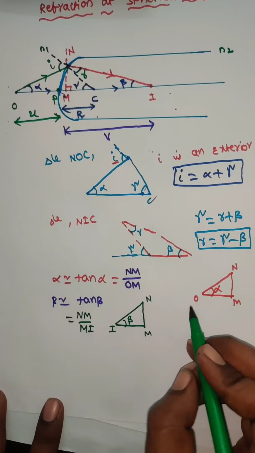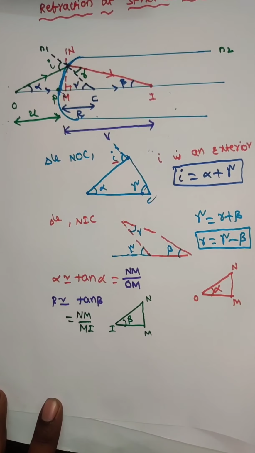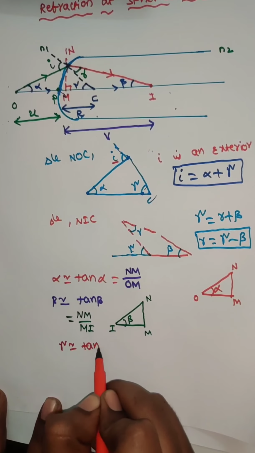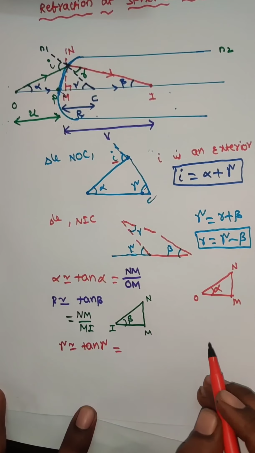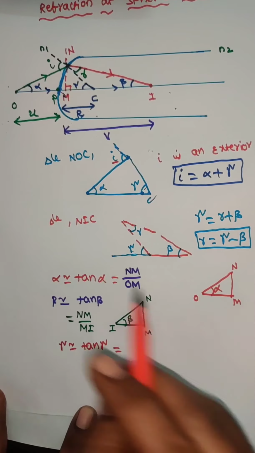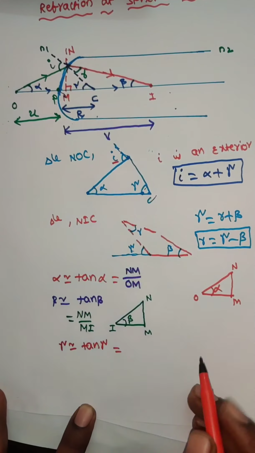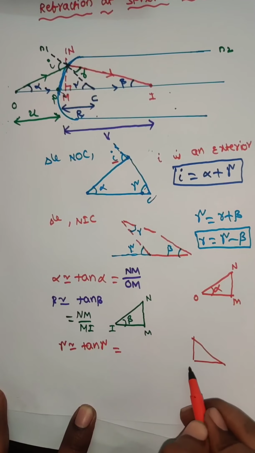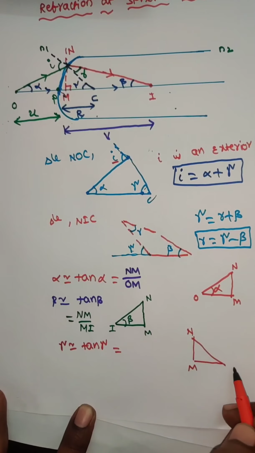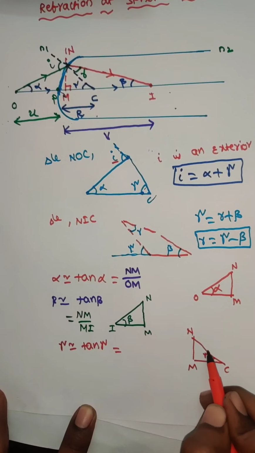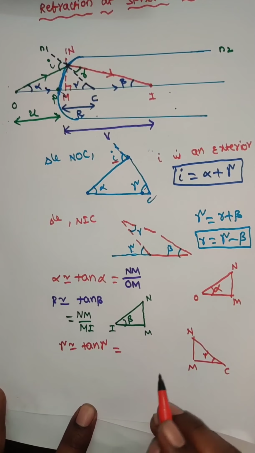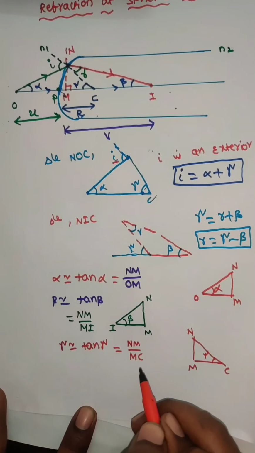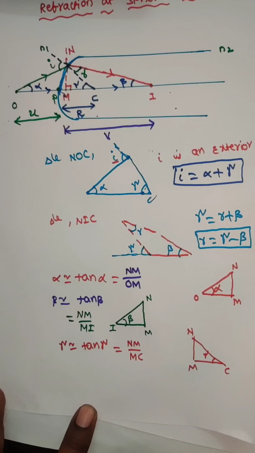Similarly, if we take gamma, tan gamma is equal to, if we take triangle MNC, here gamma, then tan gamma is equal to NM by MC.